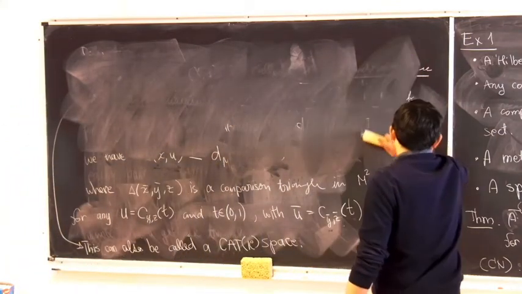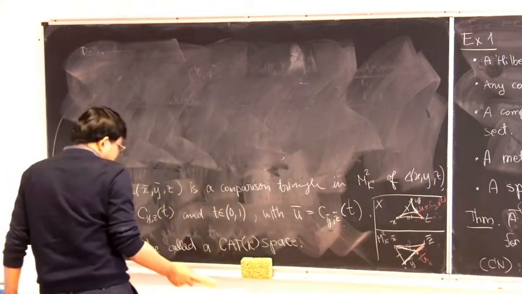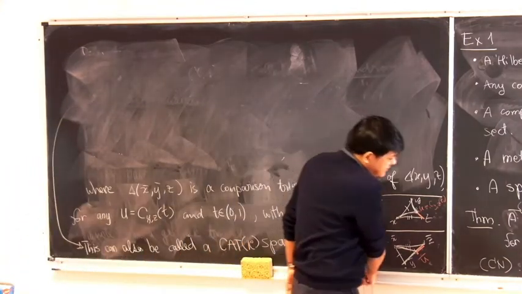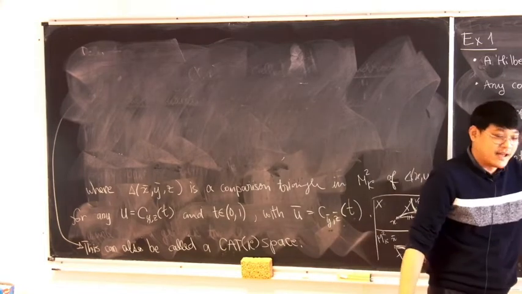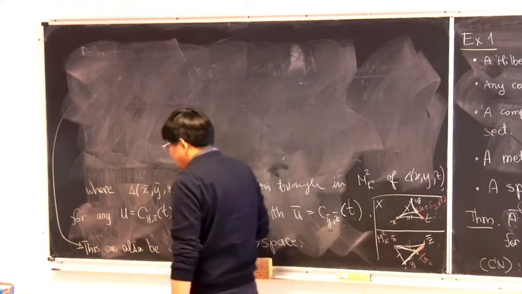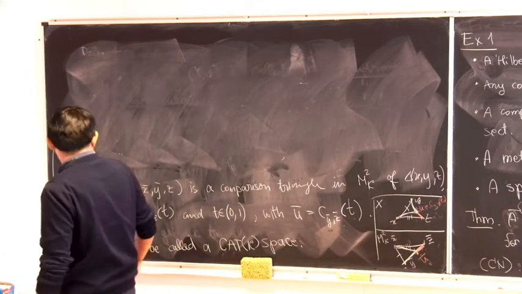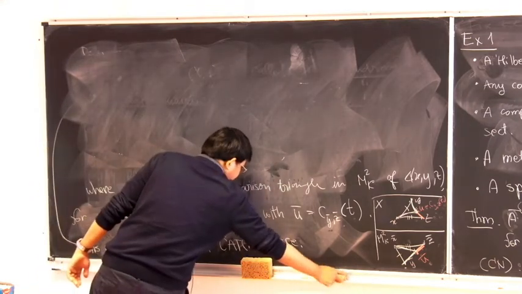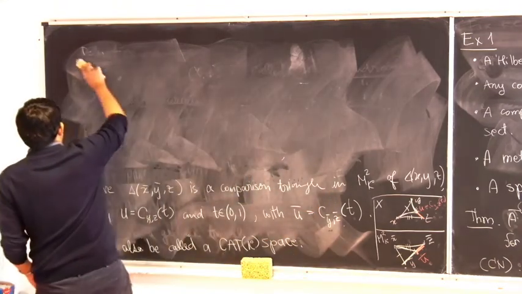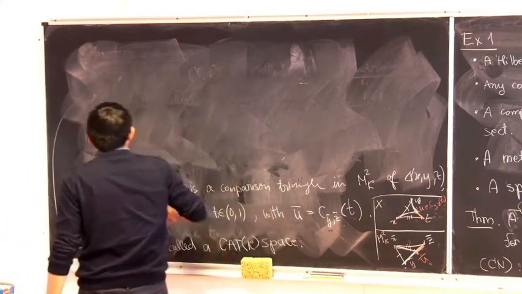And when you are in a CAT(kappa) space, it's very lucky that we have a very similar inequality like the CN, but it's not called CN, of course, because CN is the French word standing for negative curvature. So when we are talking about kappa being positive, it's not relevant to say that it has negative curvature.